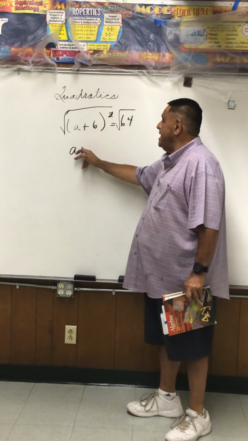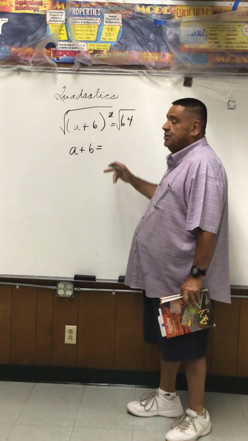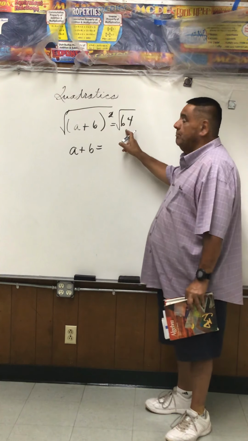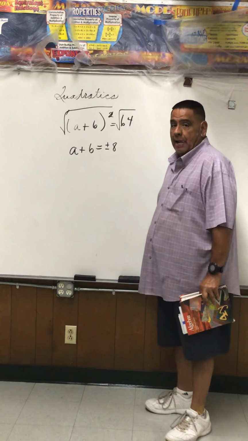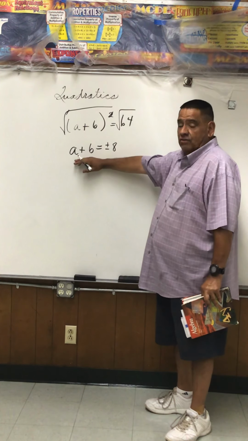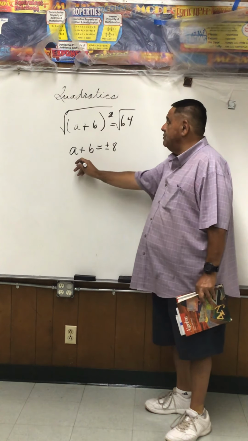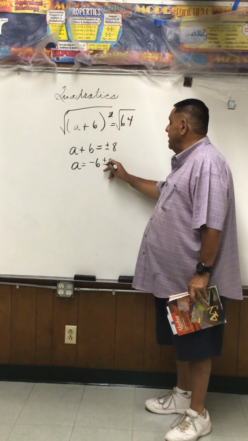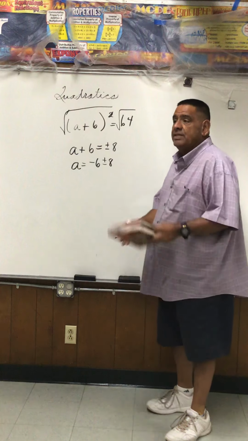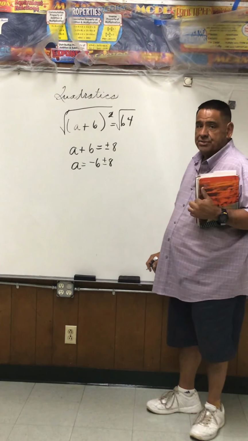Therefore, you're left with a plus 6 is equal to, this is where some of you will make an error. Remember, that's going to be plus or minus 8. Now, we're going to solve. We're not finished yet. So we're going to move this over by subtracting 6. So a is going to equal negative 6 plus or minus 8. Be very careful of this because there are two solutions to this.